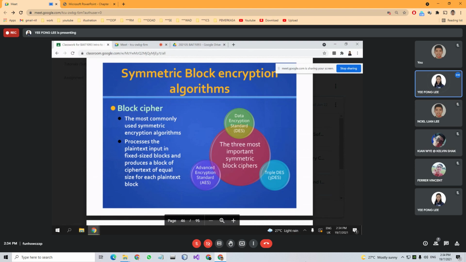This section will focus on the three most important symmetric block ciphers: DES, which stands for data encryption standard, Triple DES, and also AES, advanced encryption standard.